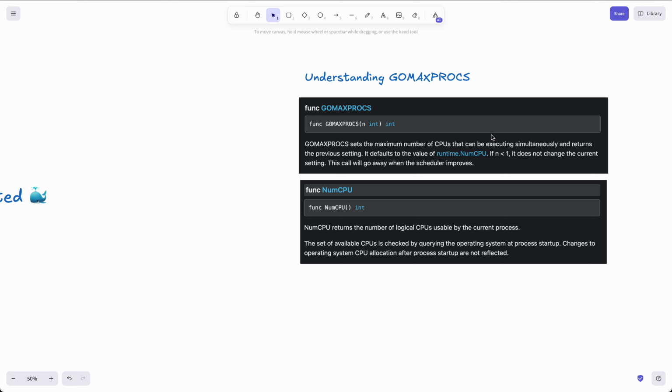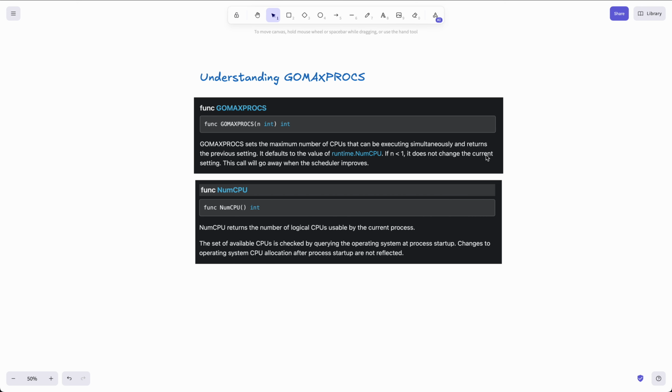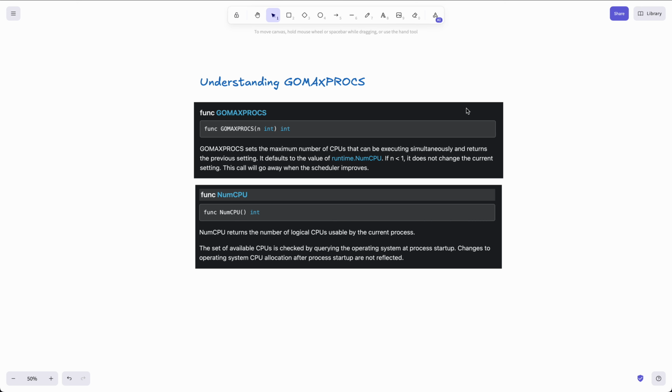But before we dive into this issue, I just wanted to touch base on a few key things. And the first thing is just understanding what GOMAXPROCS is. GOMAXPROCS is an environment variable, but it's also a function that we can use to set the number of operating system threads that can run user level Go code simultaneously.